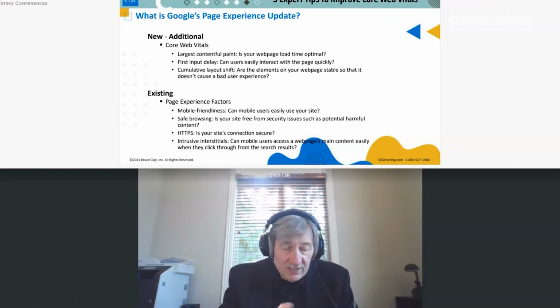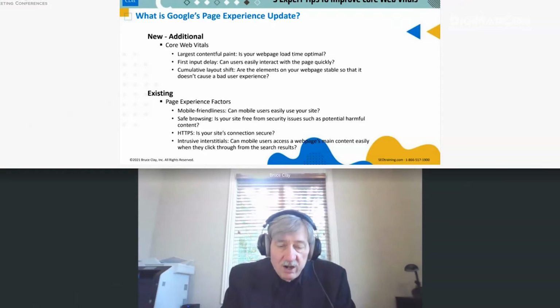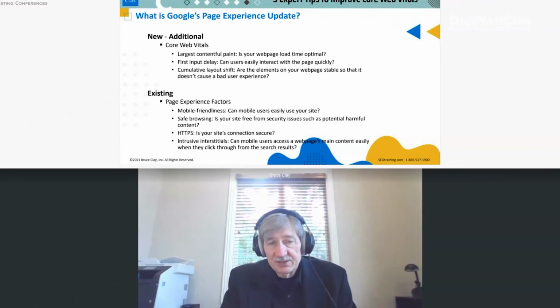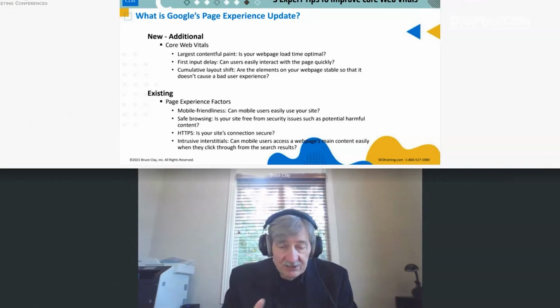I know that sounds a little strange. Google is not likely to want to come up with things that are that hard to do, but they did, and that's why they gave us a year. This is a tough set of problems. There's all sorts of things out there that can help you, and I'll get into all those. Matter of fact, I'll tell you a lot of things that you can do to make things better.